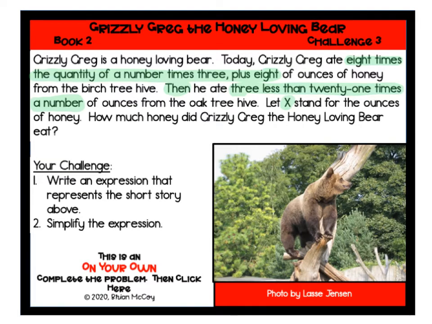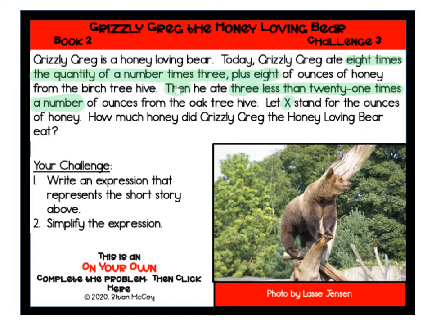Alrighty, so the very first thing you should have done was copy the entire little paragraph about our friend Grizzly Greg, right? And then the next thing is that you should have highlighted the words that are going to create the expression. So here you should have 8 times the quantity of a number times 3 plus 8.